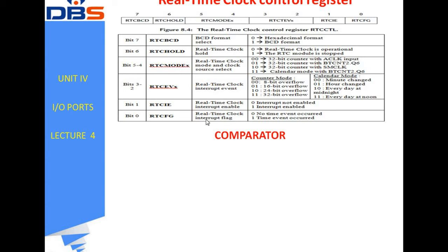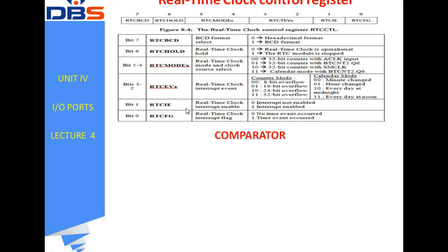If its value is set to 1, then a time event has occurred, that means the time for the given interrupt has finished. When its value is 0, no time event has occurred. That means we can continuously go on with the work.